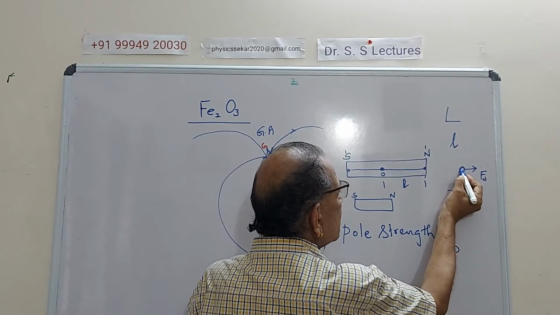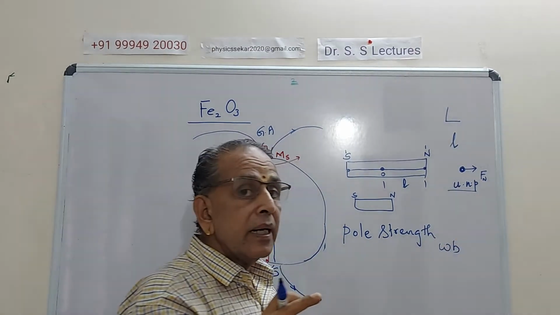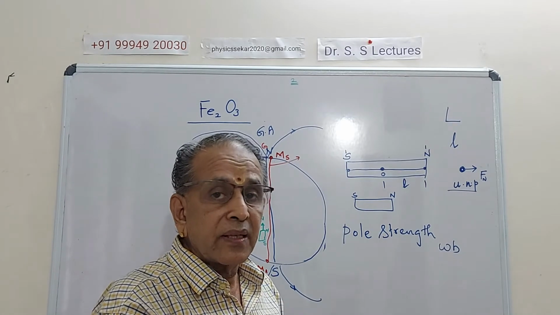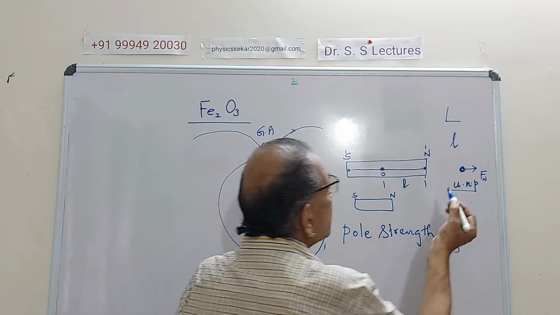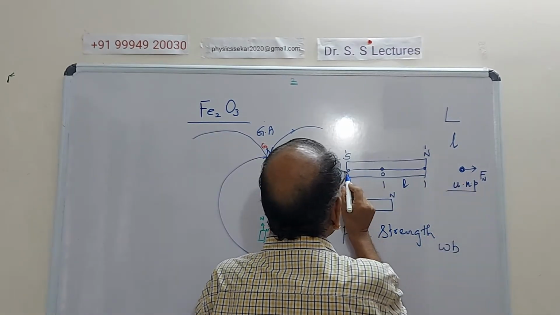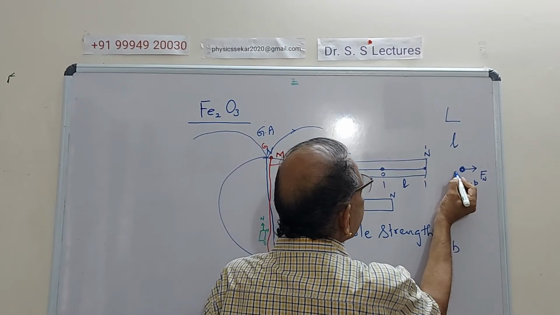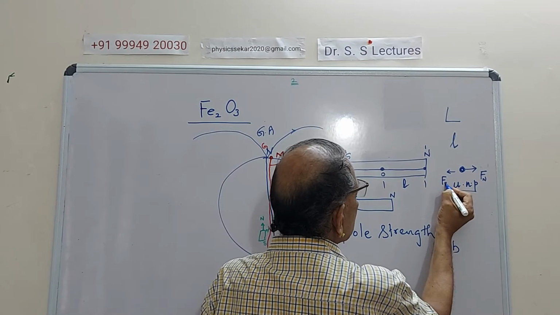But this north pole that is situated here, the test pole, actually remember there is no unit. Every object will be having two things. But this is hypothetical. So this unit north pole, the influence by the south pole of the bar magnet will be in this direction because it is attracting. That is the force due to south pole.